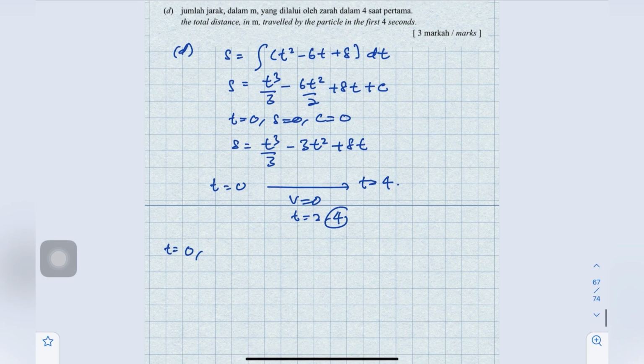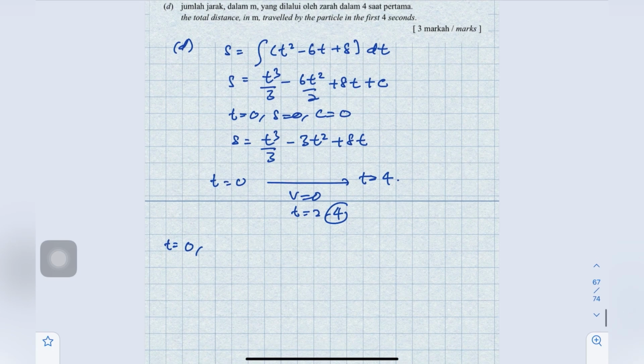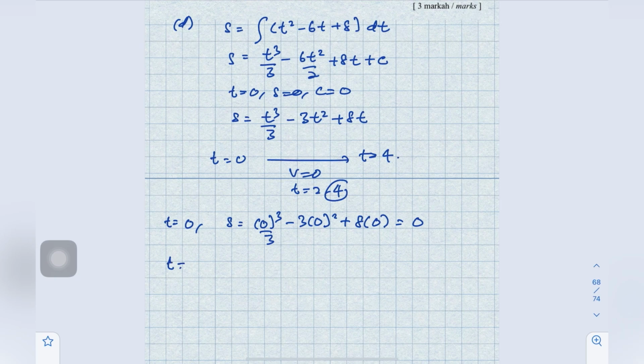So when t equals 0, S equals 0 cubed over 3 minus 3 times 0 squared plus 8 times 0, which equals 0. When t equals 2, S equals 2 cubed over 3 minus 3 times 2 squared plus 8 times 2.